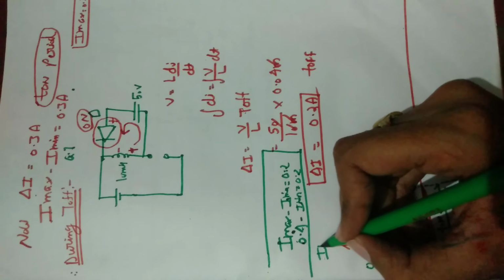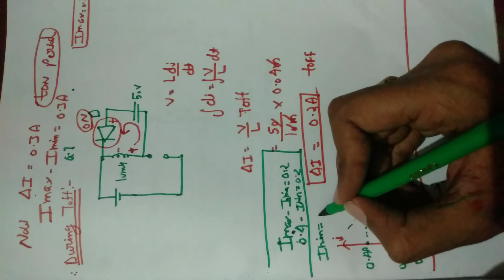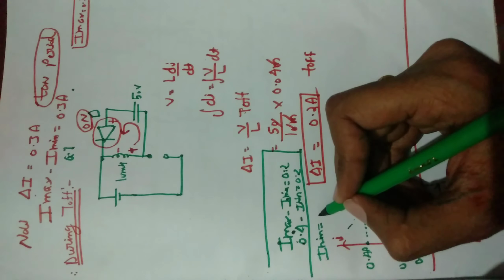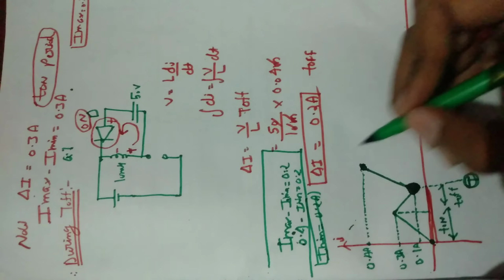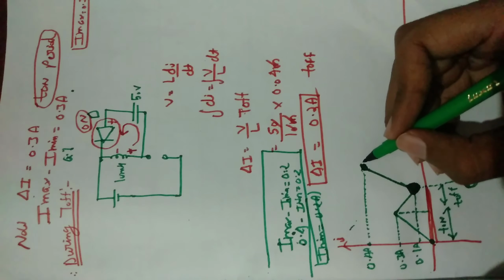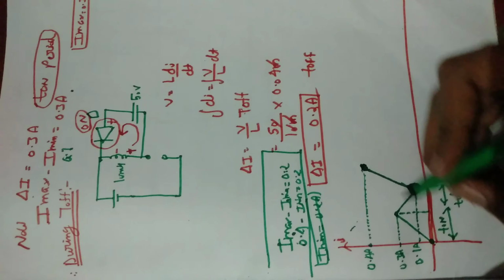We get the value of I min equal to 0.2 ampere, meaning the current decreases up to 0.2 ampere.